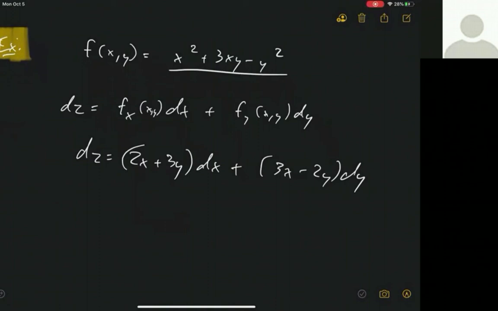Now this is example 4 from the book, and this is part A. We've calculated our total differential.